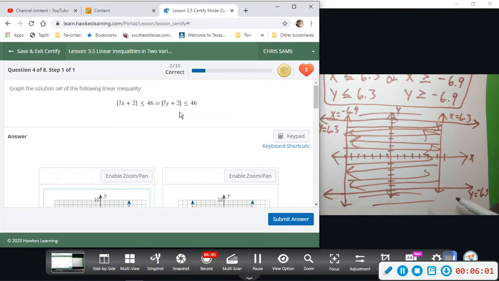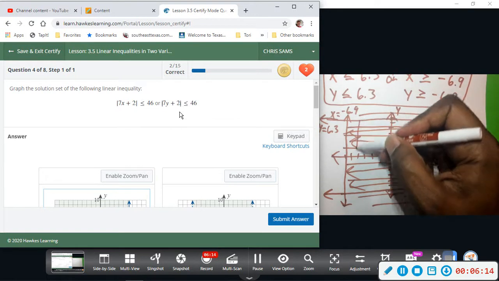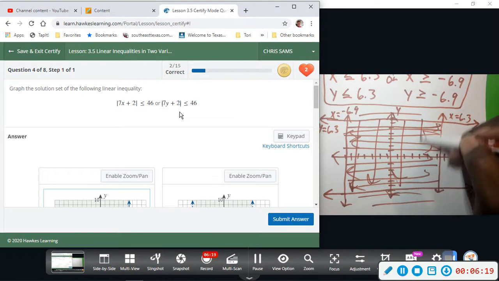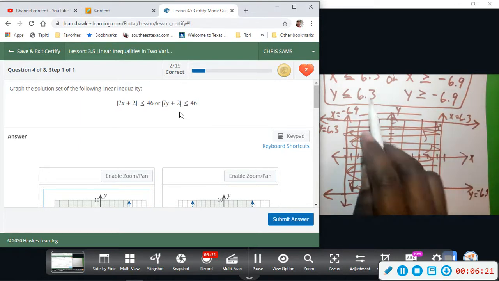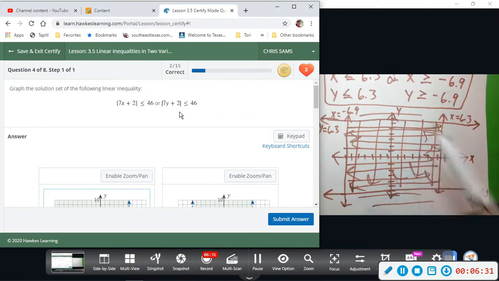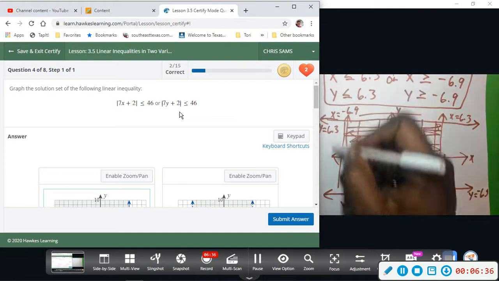And then with the y value, we want less than 6.3, so going down. And then or we want greater than negative 6.9. So between these lines would also get this outside here, it's just all the way between these two lines.